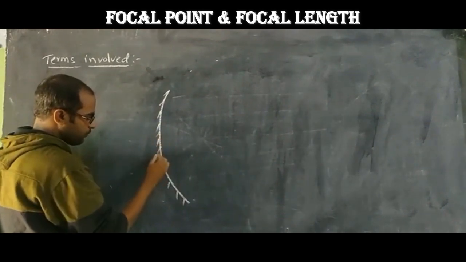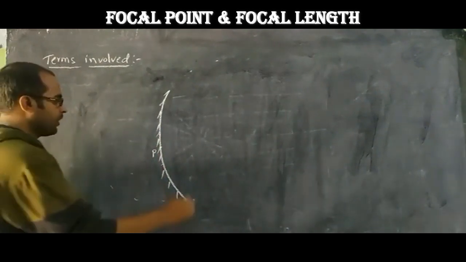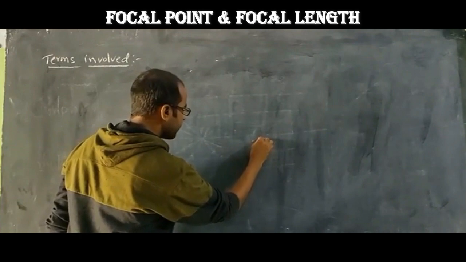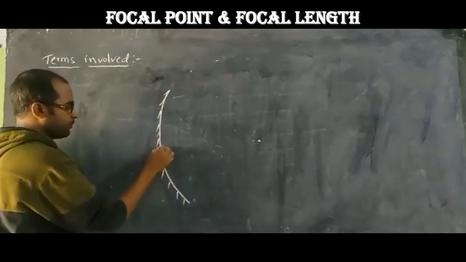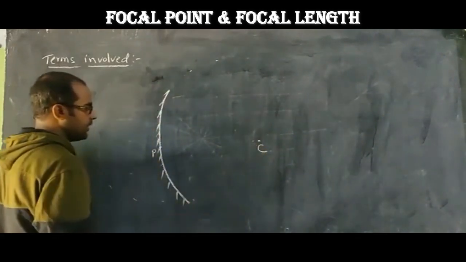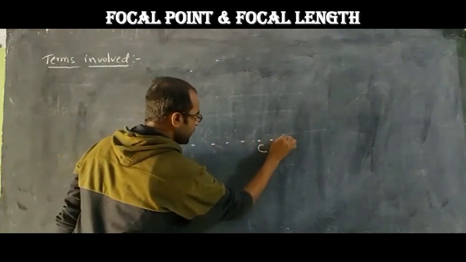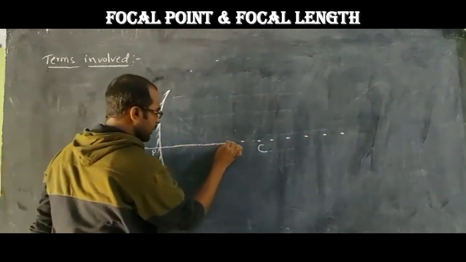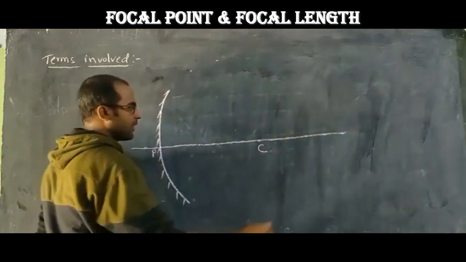Pole, the geometrical center of the mirror. Next, the center of the sphere from which this mirror is obtained is the center of curvature, C. The line joining the pole and the center of curvature is the principal axis.